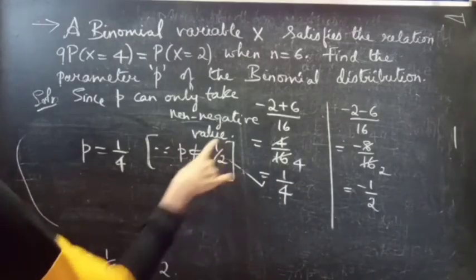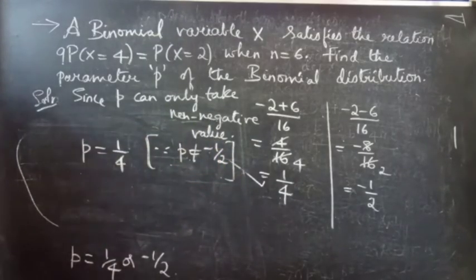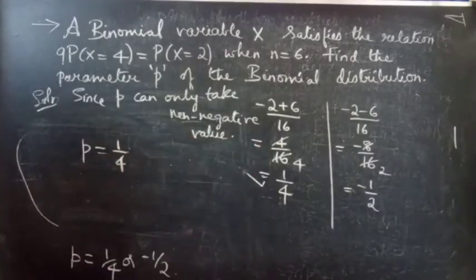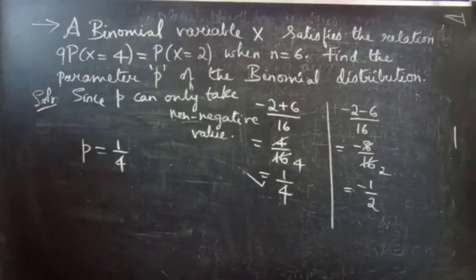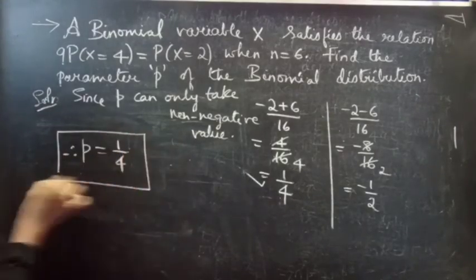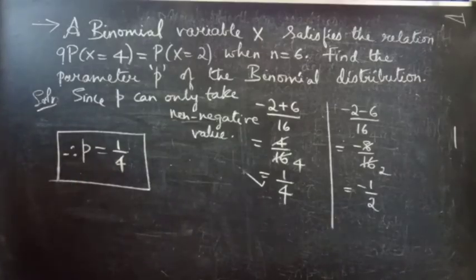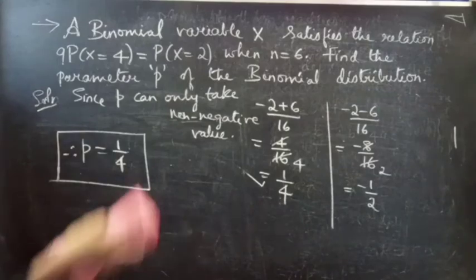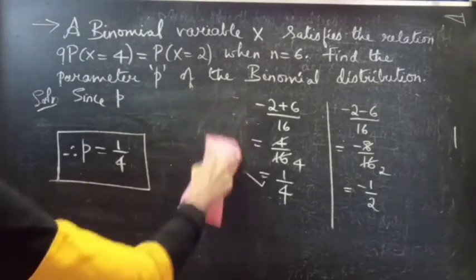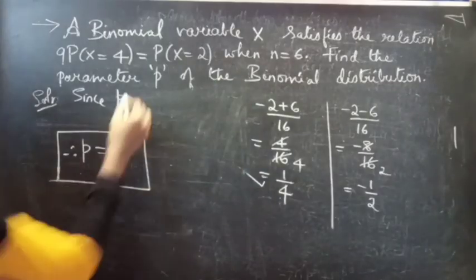The value minus 1 by 2 is negative, you have a minus sign, so you should not consider it as the value of p. Instead of saying p cannot take a negative value, simply you can say that p cannot be negative.